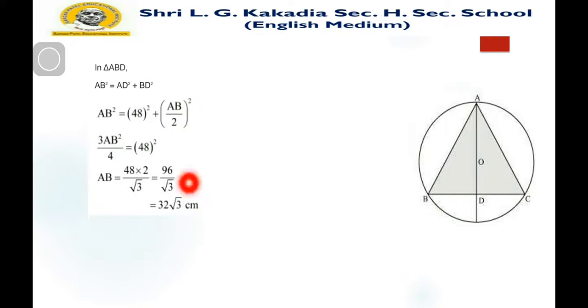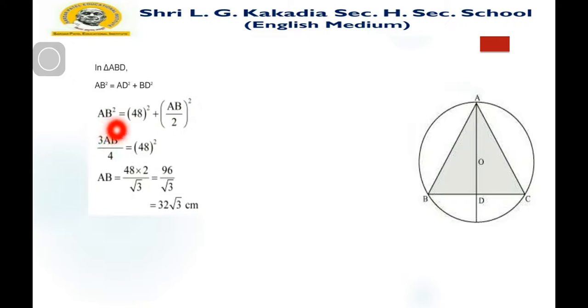In triangle ABD, by the Pythagoras theorem, AB square is equal to AD square plus BD square. Now, what will be BD? Here we know that AB is equal to BC is equal to AC, because in an equilateral triangle the sides are equal. So we can write BD is equal to half of AB.